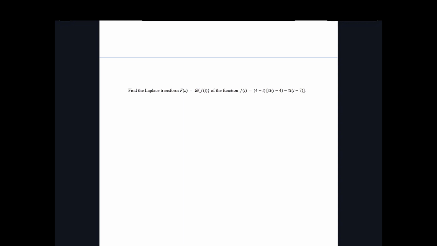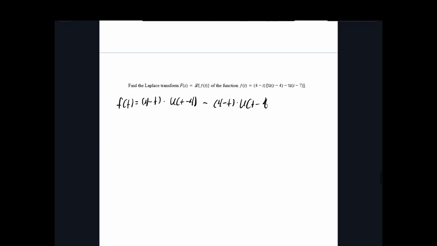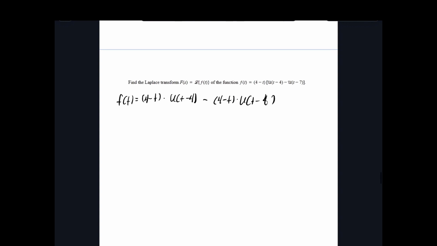All I really need to do is expand it. So f at t would become 4 minus t times u at t minus 4, minus 4 minus t times u at t minus 4. Now I'm taking the Laplace of this.